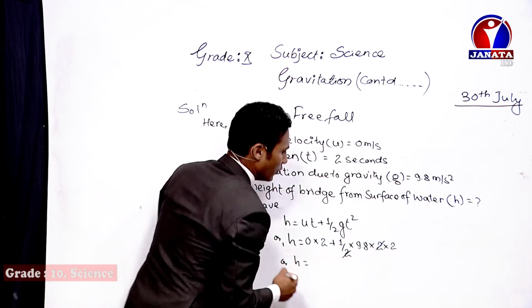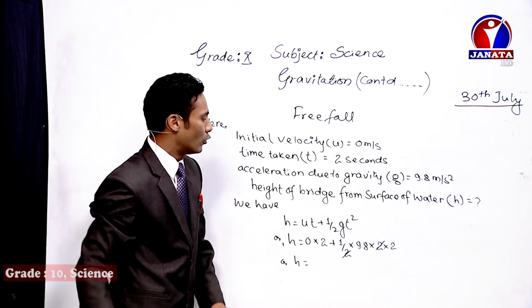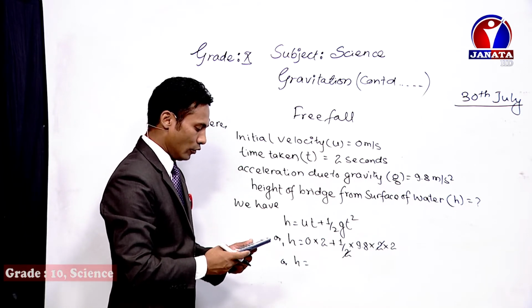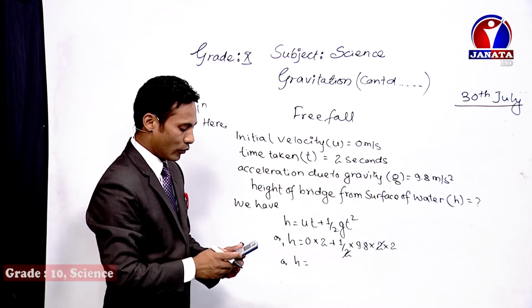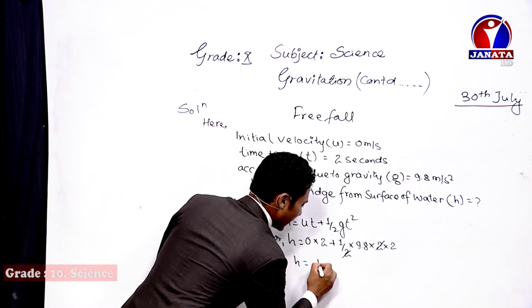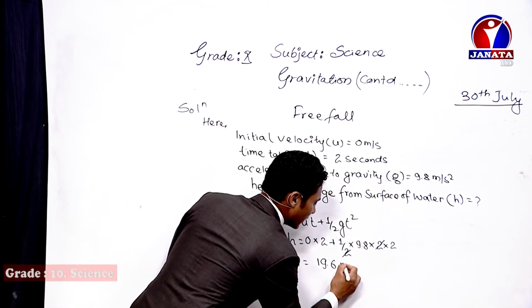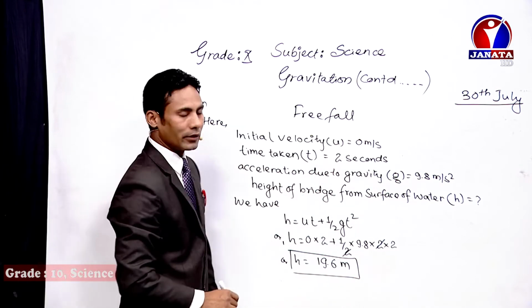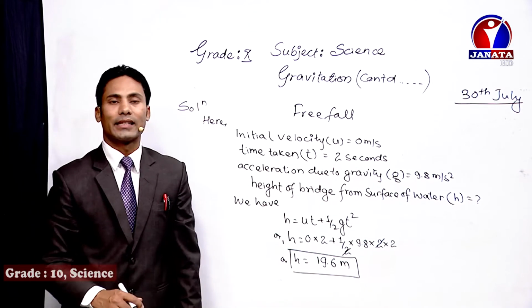So h equals to 9.8 into 2. It gives the 19.6 meter is the answer. So this height of the Mahakali River is 19.6 meter.